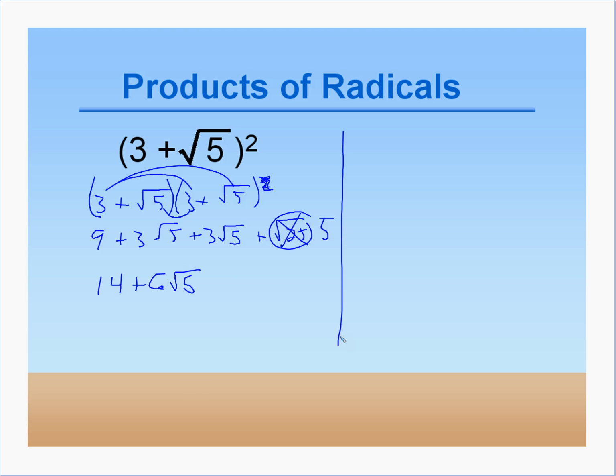We learned that if you square a binomial, so this is two terms, it's going to be the first term squared, so 3 squared. And then it's going to be the first term times the second term doubled. So 3 times root 5 doubled is 6 root 5. And then the last term squared.